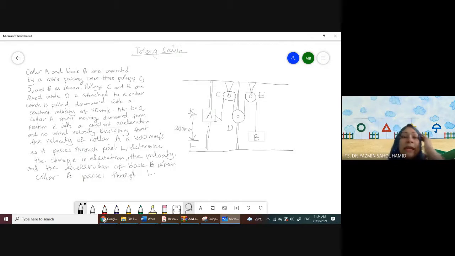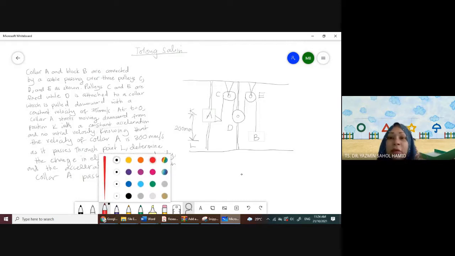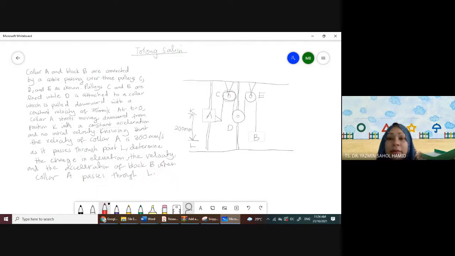Collar A and block B are connected by a cable passing over 3 pulleys. So there are 3 pulleys here, which are pulley C, pulley D, and pulley E. Okay, these are pulleys, C, E, and D. Collar A is attached to a collar which is pulled, and pulley D is attached to a collar which is pulled downward with a velocity of 75 millimeter per second.